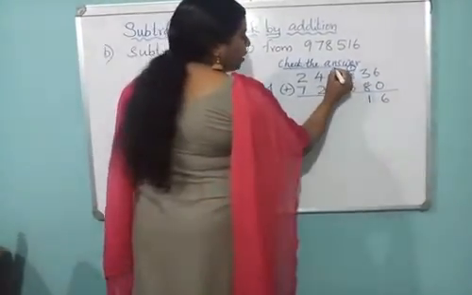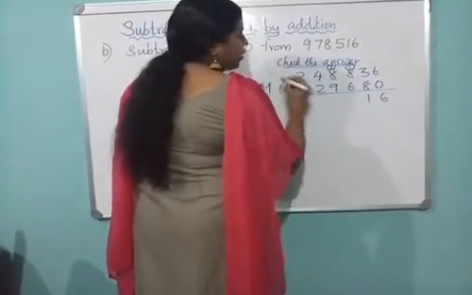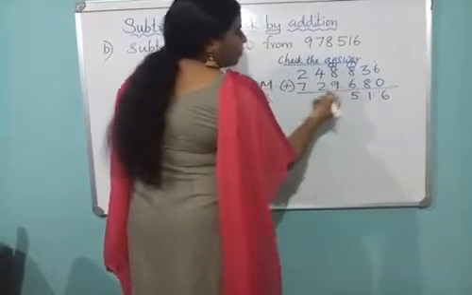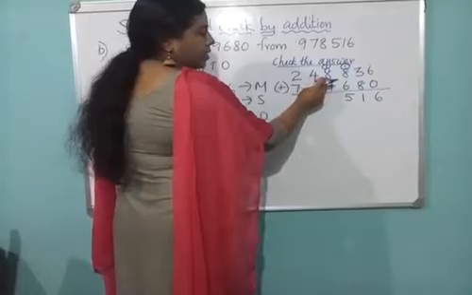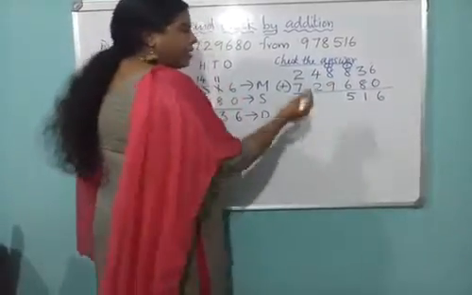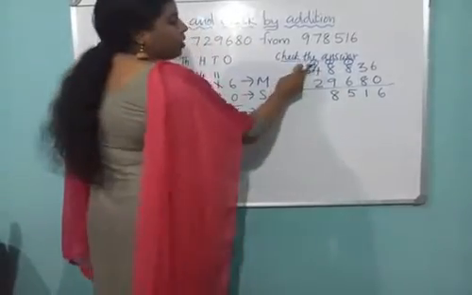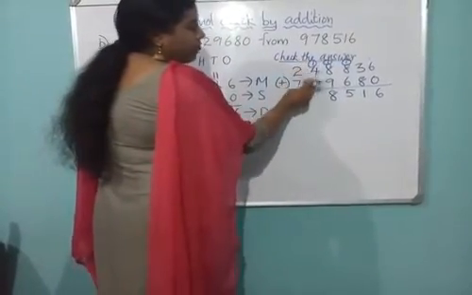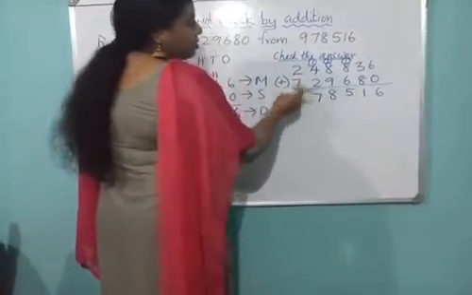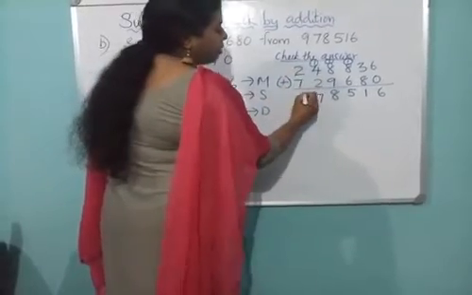So how to write 15? 1 here as a carryover and 5 here. Now 1 plus 8, 9. 9 plus 9, 18. So 1 is here, 8 here. Now 1 plus 4, 5. 5 plus 2, 7. 7 plus 2, 9.